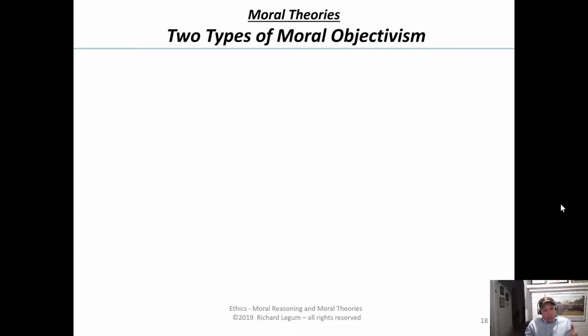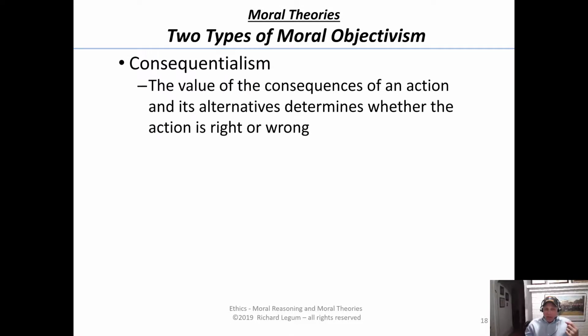And basically, there are really two major types of theories that are moral objectivist theory. One class of theories is known as consequentialism, or consequentialist theories. And notice you have the word consequence in there. The idea is that what makes an action right or wrong is the value of the consequences of that action and the alternatives to that action.